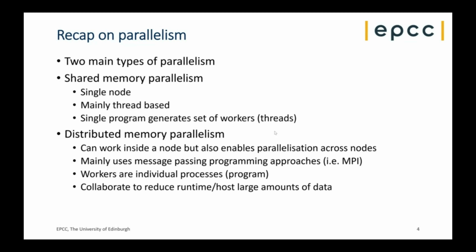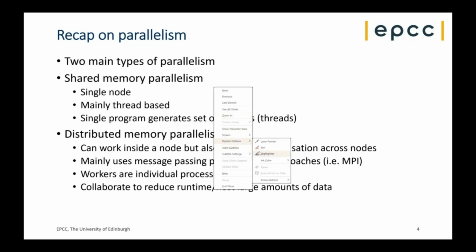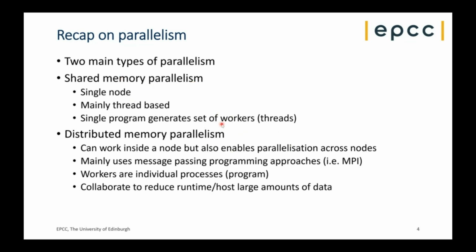So distributed memory parallelism is more functional from that perspective, has the potential to scale further to larger numbers of hardware resources, but it's also harder to program and more complex to do because you can't share anything between the workers. For shared memory parallelism, you can share because one main worker creates a bunch of sub-workers called threads.